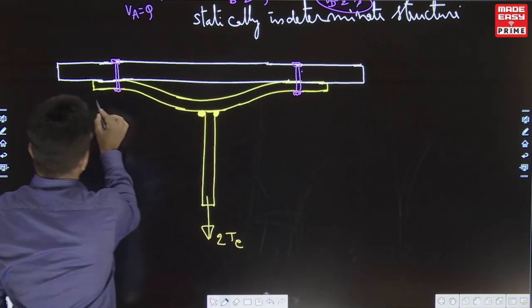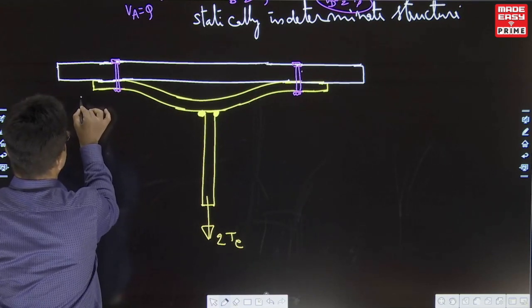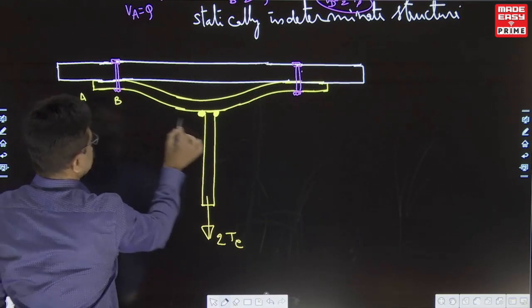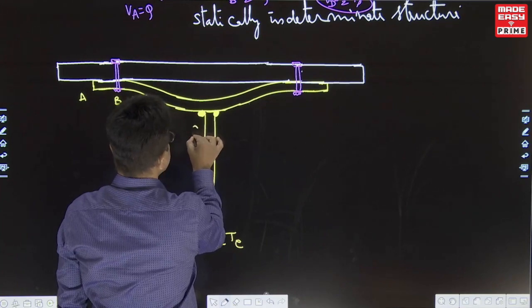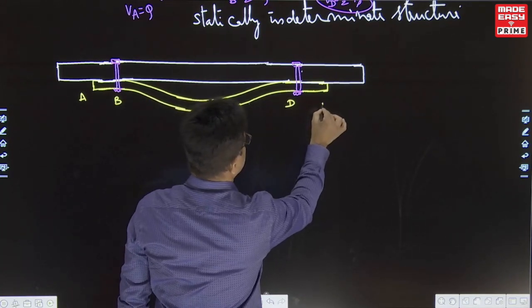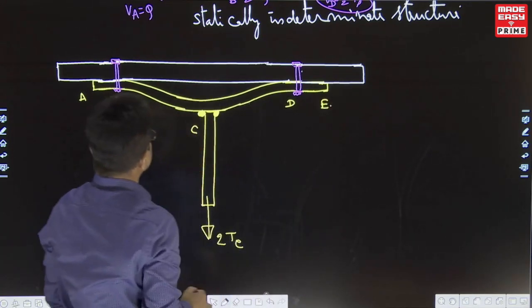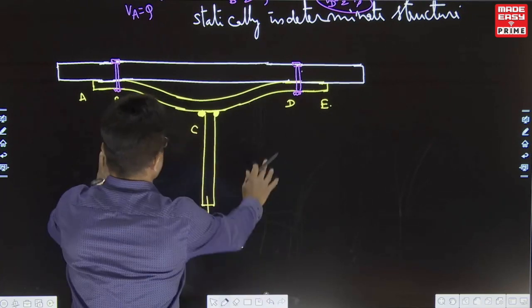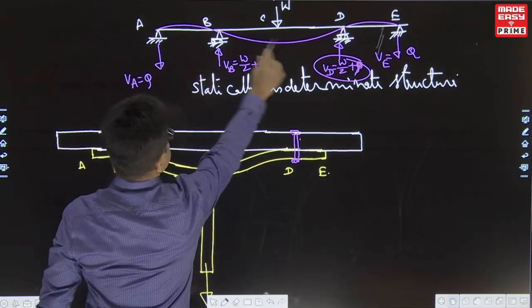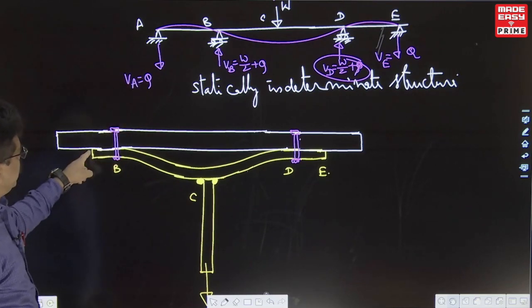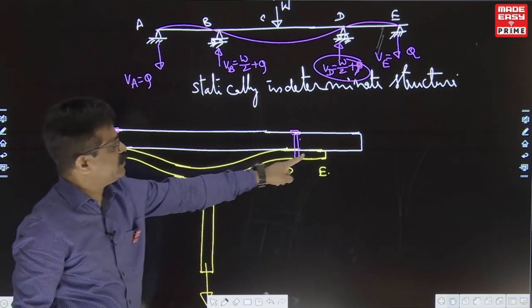Now this point we will take it as A, B, C, D, E. Here also we will take this as A, B, C, D, E.